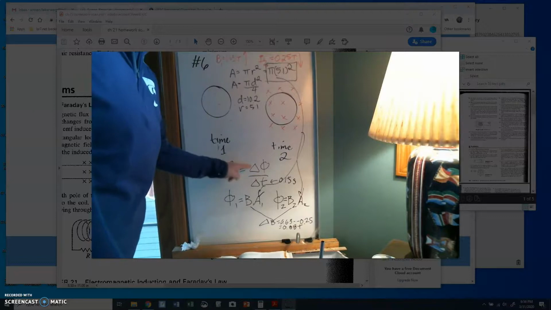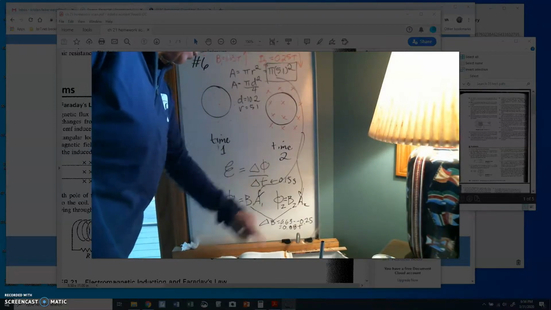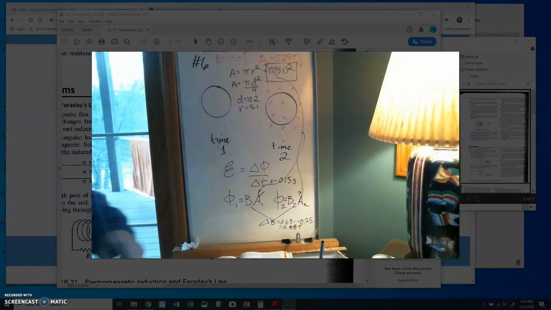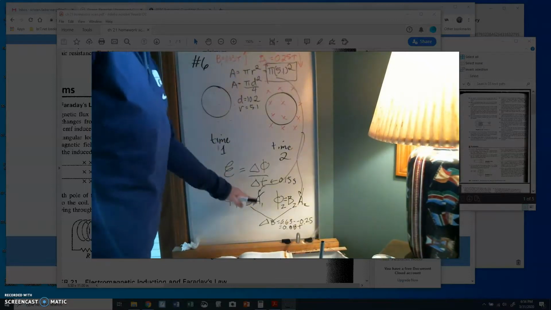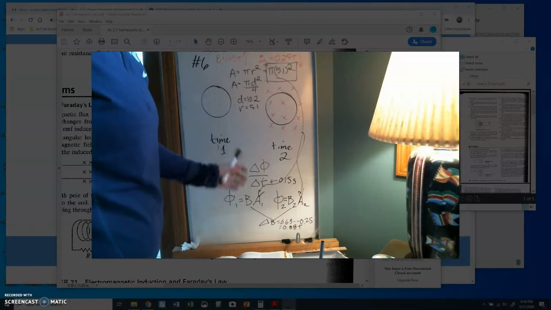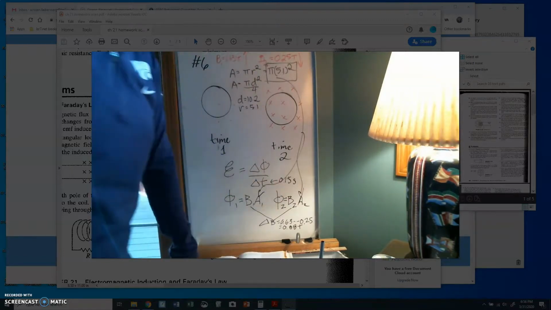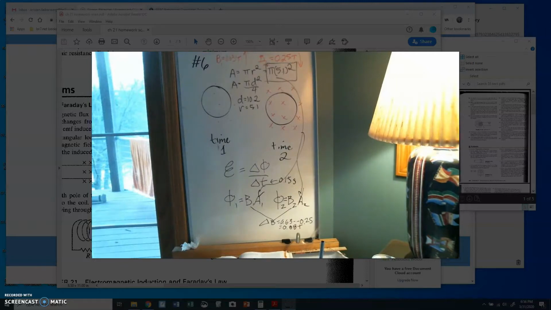And then I have to see my phi is the product of field times area. So if I find my change in phi, multiplied by the area, which is the same, and divide by my delta t of 0.15, I should be able to find my answer for number 6. Hope that helps.